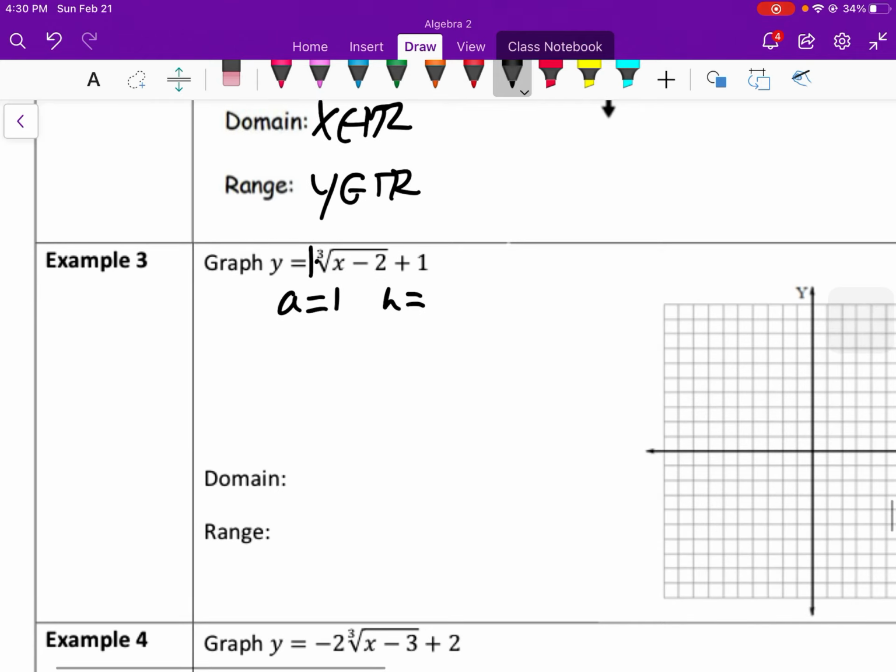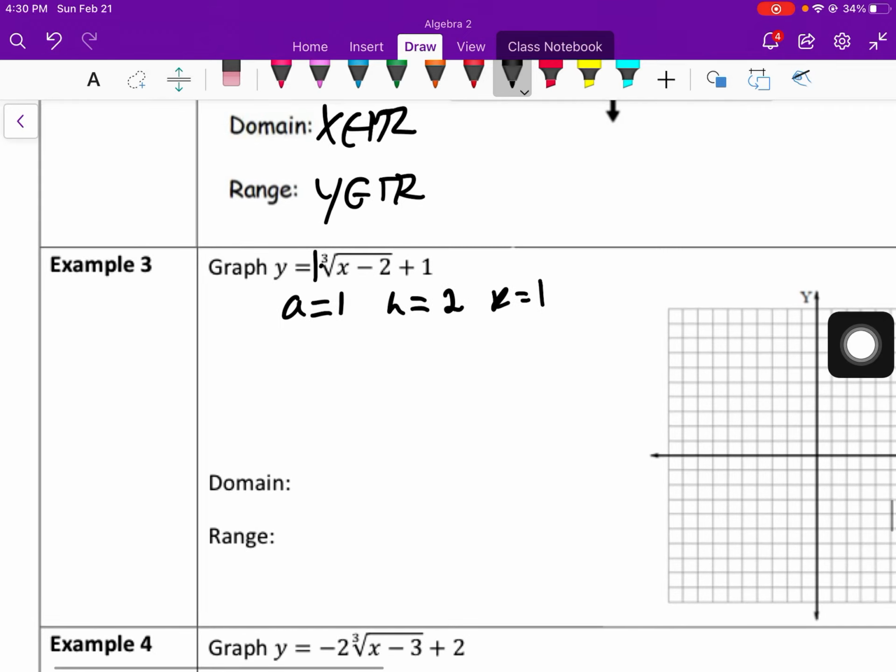H is going to be a +2. This is because we do the opposite. And K, it stays the same. This is going to be a +1. Because again, like I showed you at the beginning, if we subtracted that over, it would be like y - 1. Then you would take the opposite. So we just have k is 1.